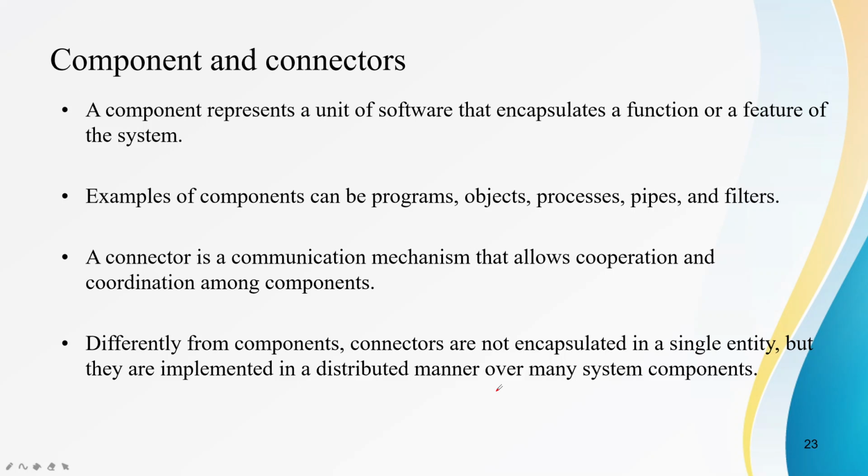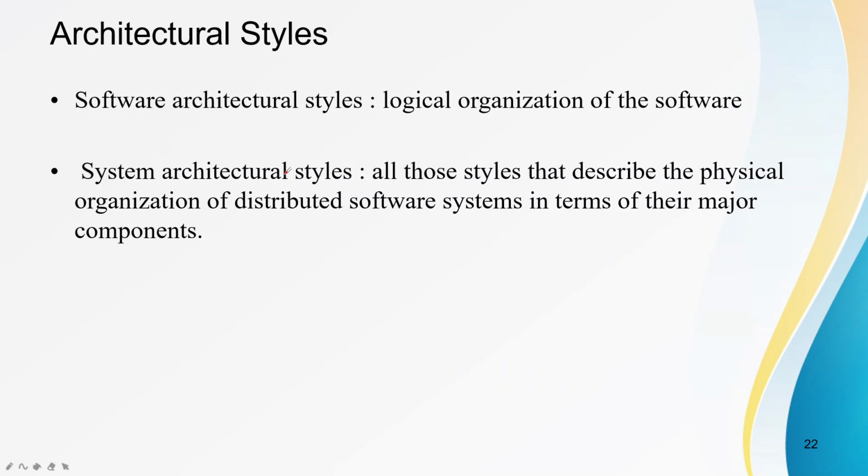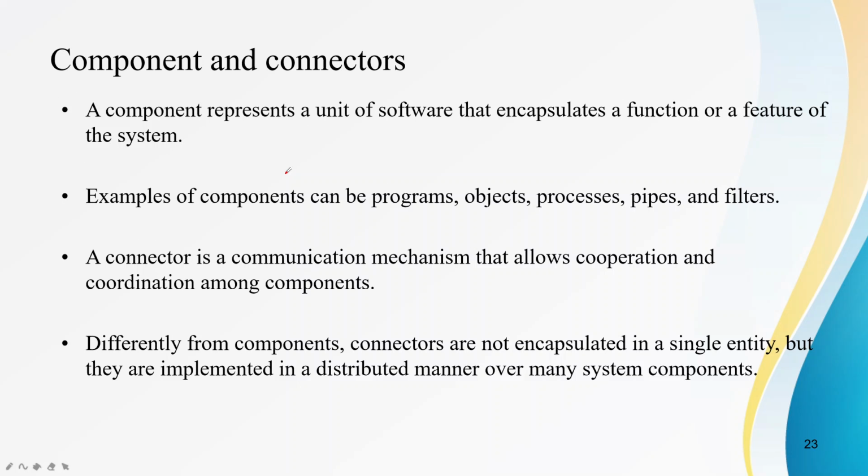Before moving into these architectures, we need to understand two key terms in a distributed system. The first is a component and the second is a connector. A component represents a unit of software that encapsulates a function or feature of the system. Each component has a particular functionality or feature. Examples of components can be programs, objects, pipes, filters, and so on. The next term is connector.